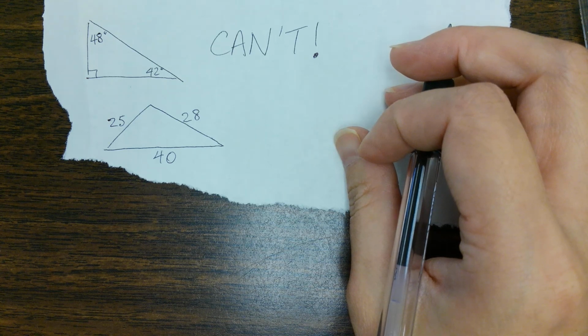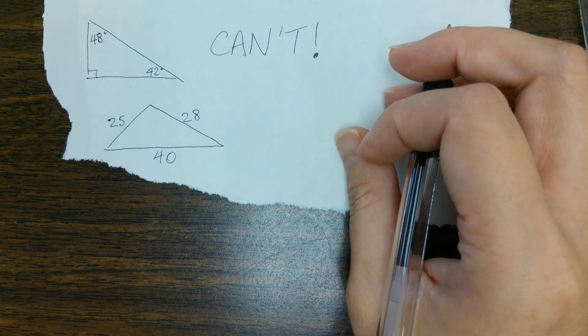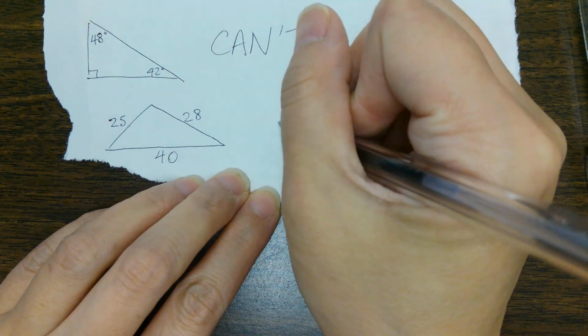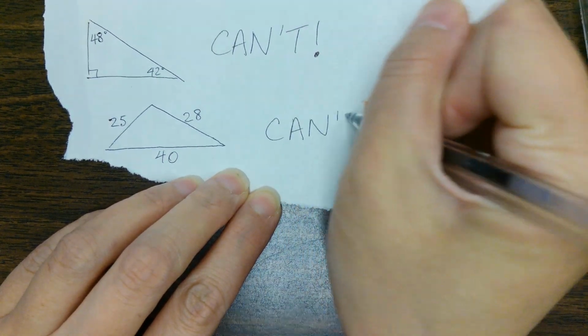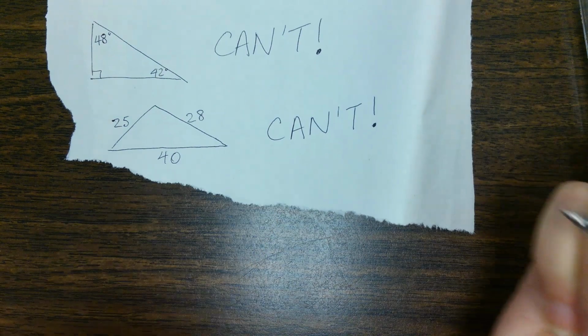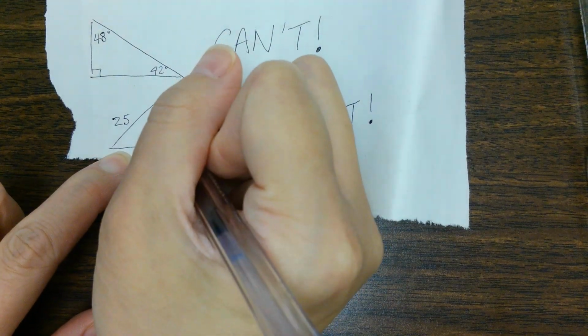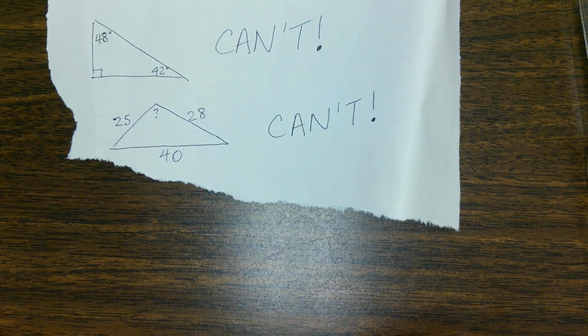SOHCAHTOA or similar triangle? It's also again neither. Why? There's no right angle. SOHCAHTOA only works on right angle triangles. I never said this was 90 degrees. So if it's not a right angle triangle, you cannot do SOHCAHTOA.